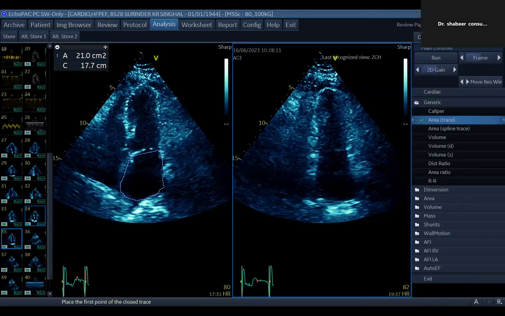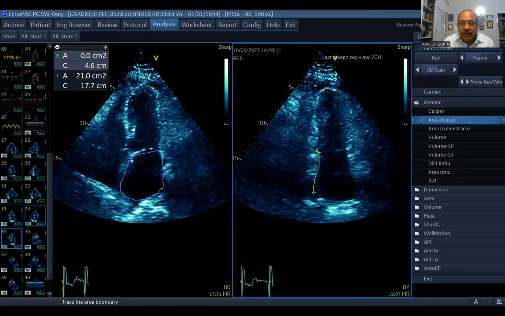The machine will join automatically. I have not gone into the pulmonic veins. I'm outside the pulmonic veins. Same thing I'll do for this over here. Correct?